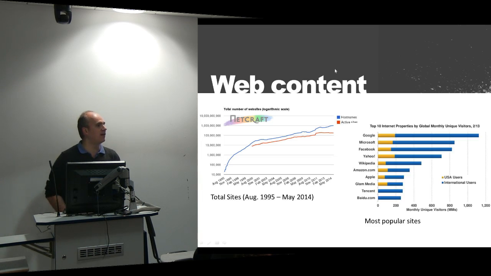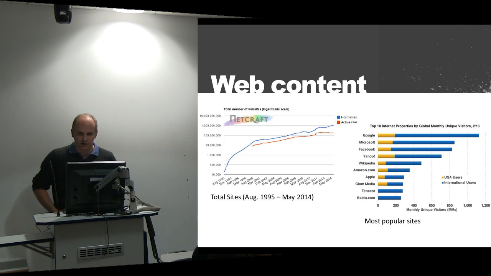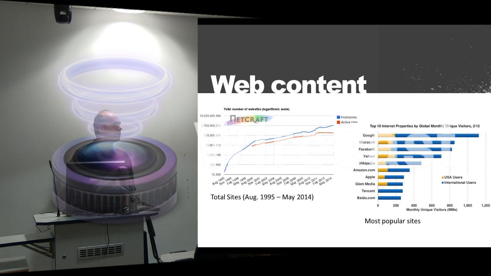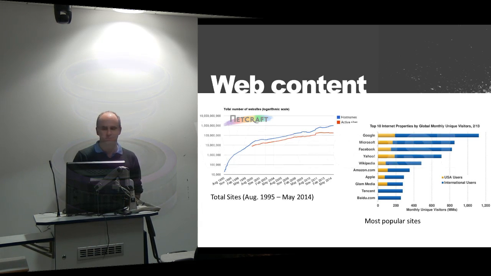And here, let's have a look at the most popular websites. So you may be familiar with Google, Microsoft, Facebook, Yahoo, Wikipedia, Amazon, Apple, Glam Media. Anybody looking at Glam Media? No? So that's an American website with gossips.